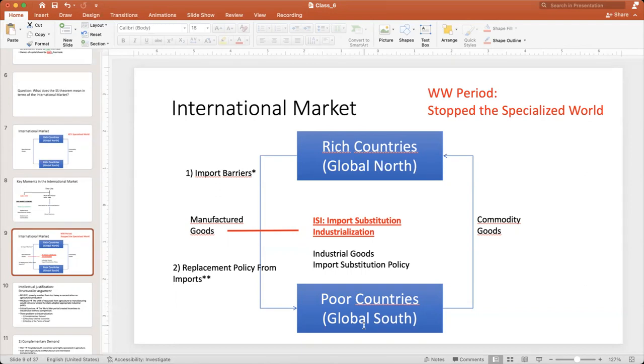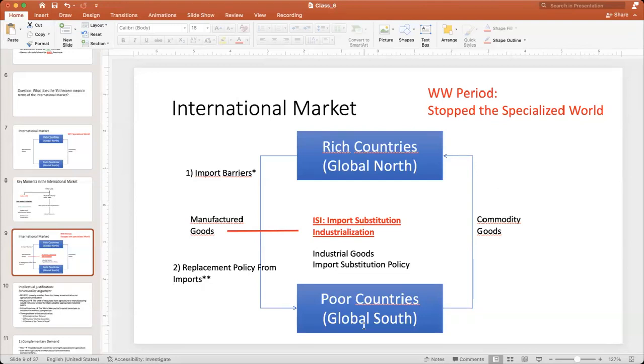So based on that, the global south saw an opportunity. And that opportunity was to create a manufacturing sector to produce these manufactured goods that were imported from the global north. So that's why this is called import substitution industrialization.